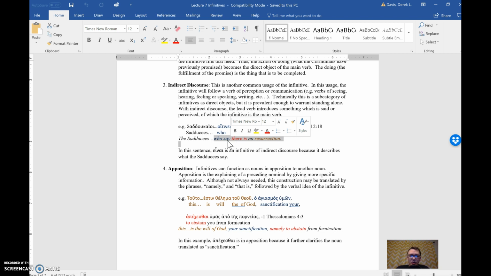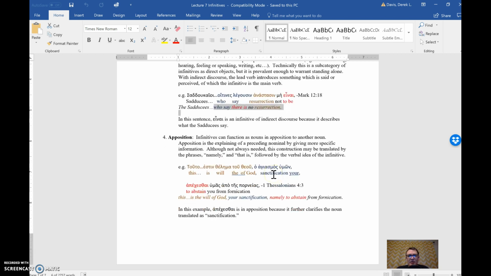There is no resurrection. The appositional is when, like we've seen before, the infinitive is renaming a previous noun in the sentence.